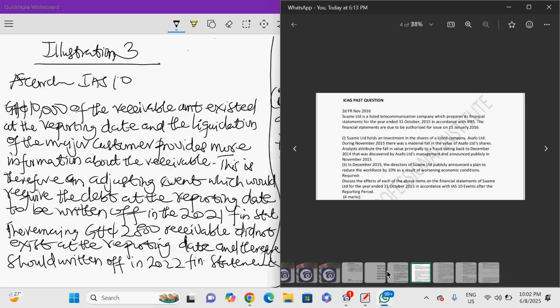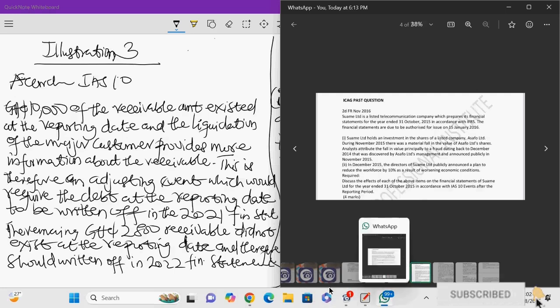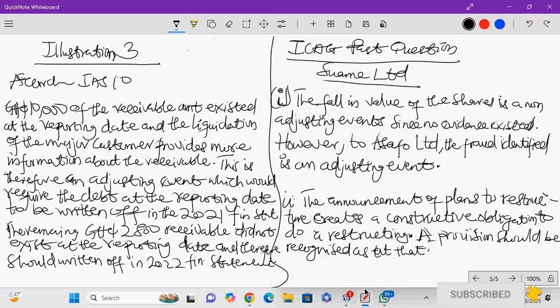But as at 31st October 2015, there is no legal or constructive obligation. So it did not exist, and the end of the matter is that it shouldn't be adjusted.